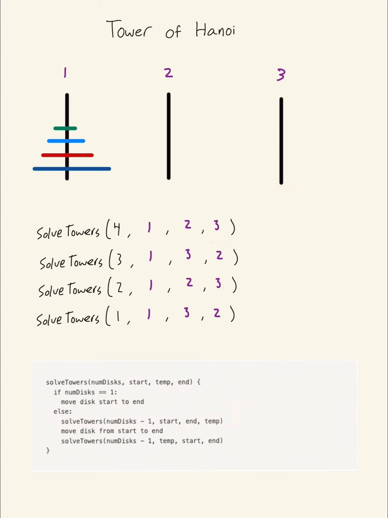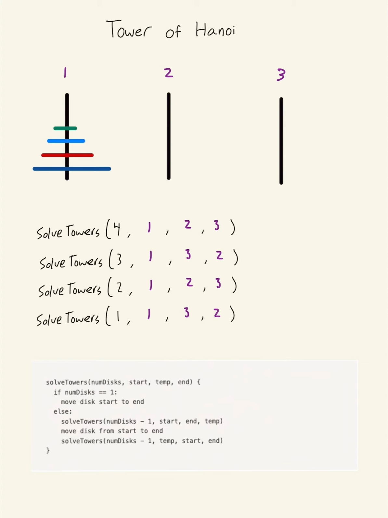So we make this call, and the first step of this is, num disks is not equal to 1, so we're going to call solve towers on num disks minus 1. We're going to break this into a subproblem.